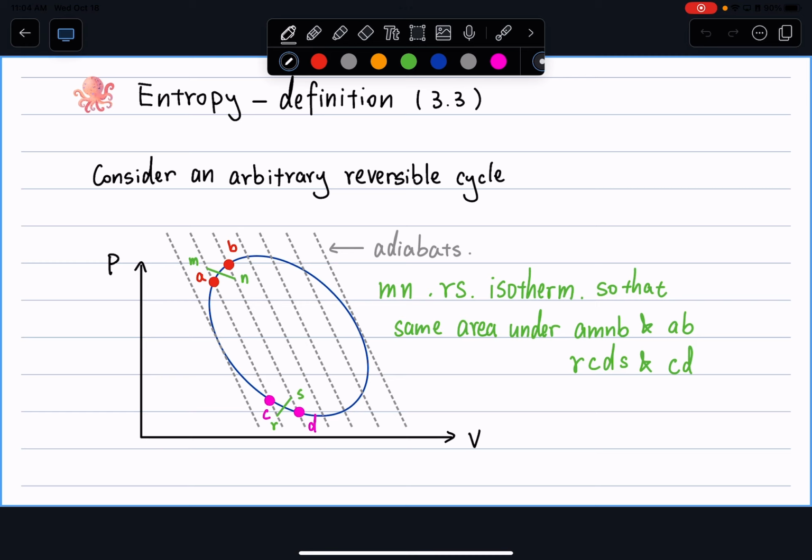In this case, we know the area under the curve for AMB and AB are the same, and for RCDS and CD are the same. So W_AB equals W_AMB, and likewise for the other pair, W_CD equals W_RCDS.